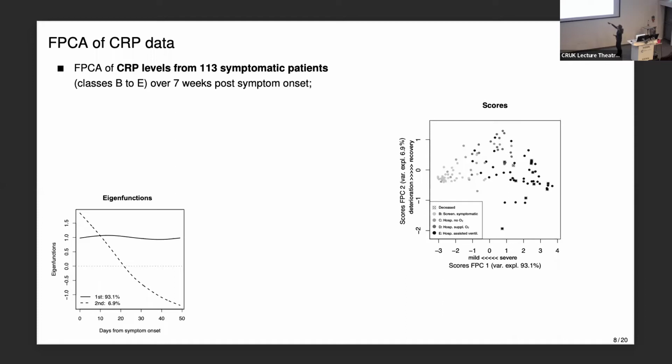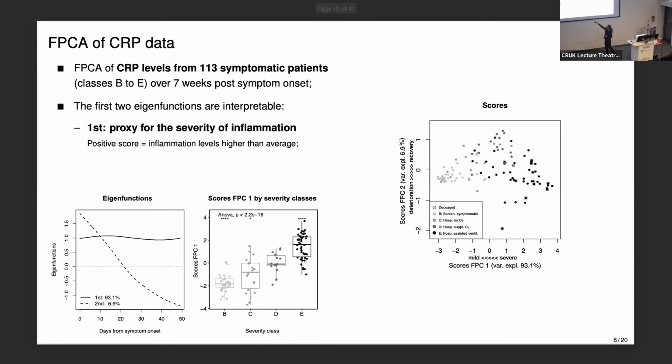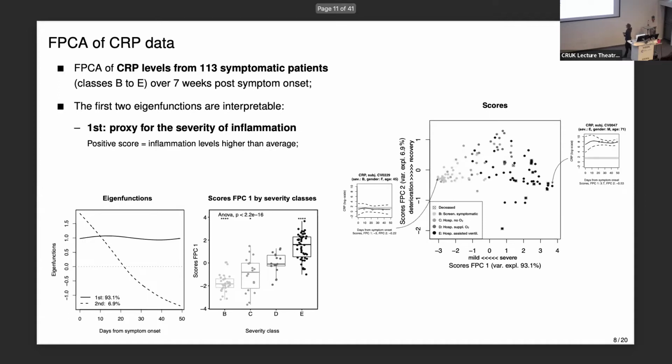And actually, if we look at the gradient of gray for these points along the x-axis, and also at these box plots for this first set of scores, we see that they reflect the clinical severity classes B to E quite well, which was interesting to see and also comforting in terms of the interpretation we had of this first eigenfunction. Now we can look at the FPCA trajectories that are estimated for 2 examples of patients with extreme scores.